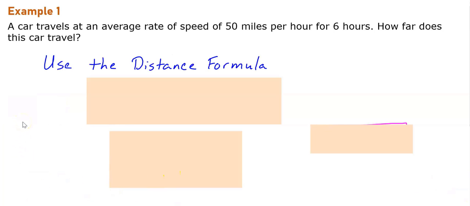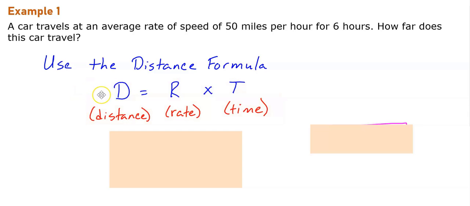Okay, so in this first example, a car travels at an average rate of speed of 50 miles per hour for 6 hours. How far does the car travel? So we're going to use the distance formula, and hopefully you remember that that would be distance equals rate times time.